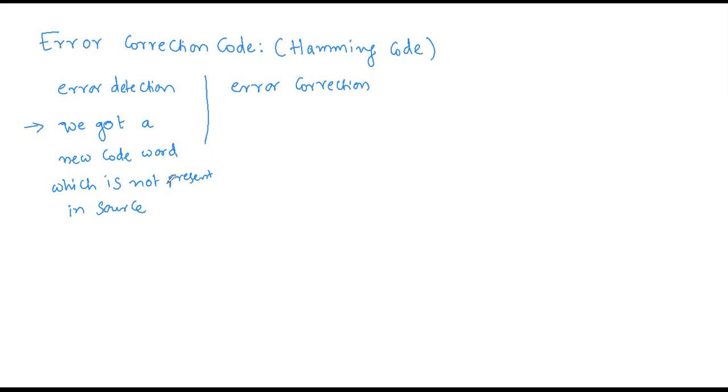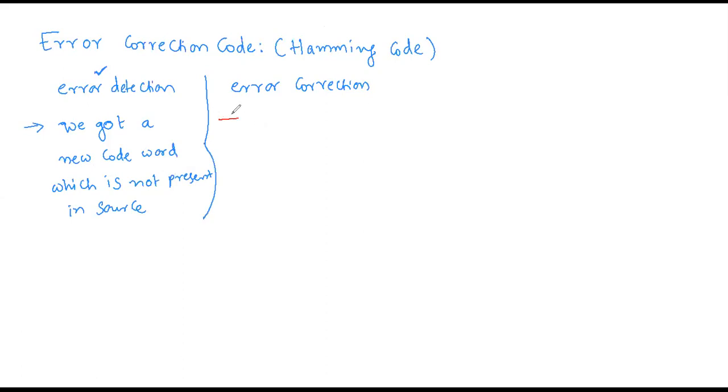In the source we have the code words. So error detection means if we got a new code word which is not present in the source, the error detection is over. We can say that an error has occurred. But error correction is not like that.